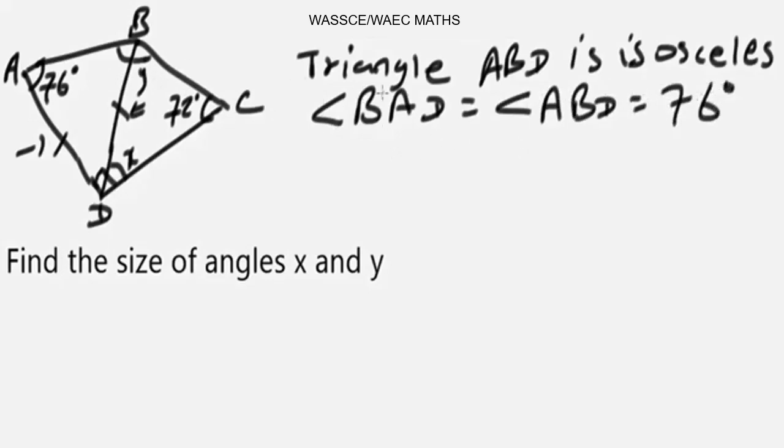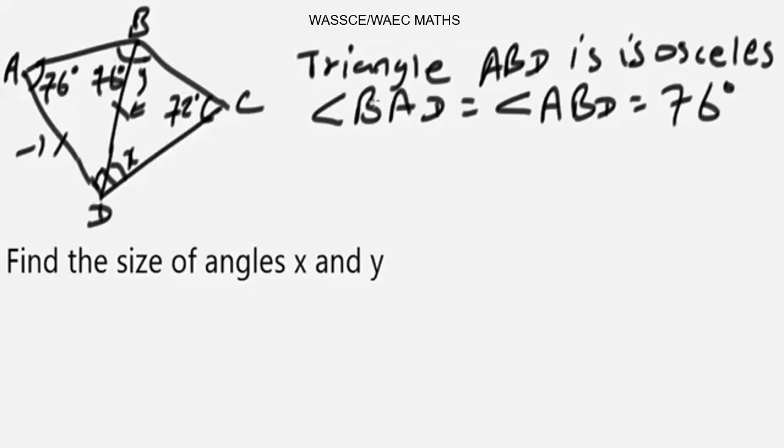Remember, angle BAD, we are referring to the middle letter as angle A. Since it's 76 degrees here, angle ABD, this angle B, we also have 76 degrees here.